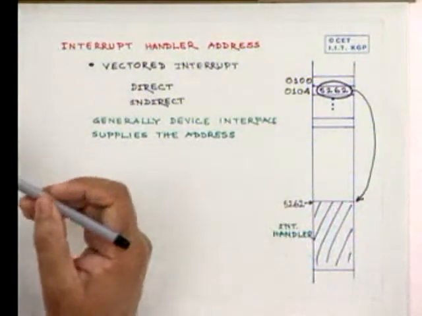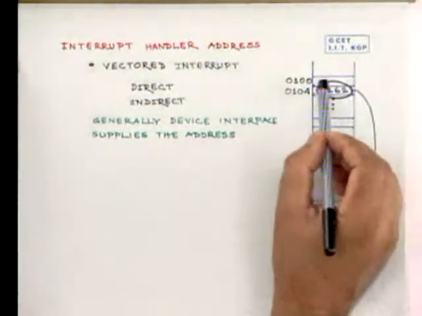Generally, these vectors are assigned certain predefined locations in the memory in the architecture of any computer. The advantage of this indirection is that you can dynamically bind a particular interrupt handler. By that I mean, for example, that you want this to be replaced by another interrupt handler during the execution of a particular process.